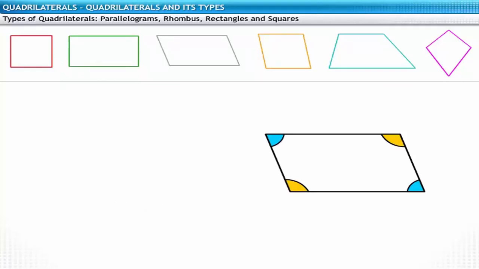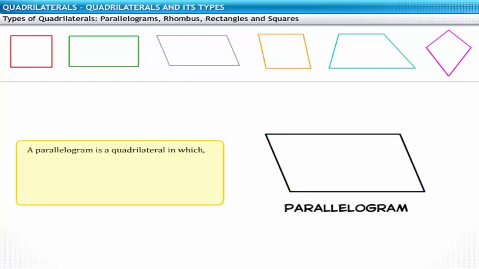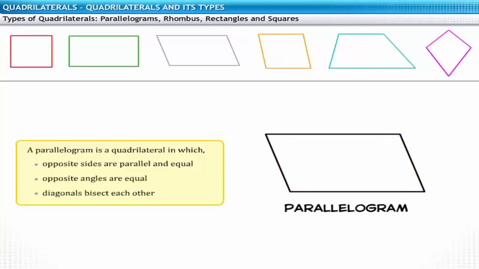Such a quadrilateral is called a parallelogram. Let's define it. A parallelogram is a quadrilateral in which opposite sides are parallel and equal in length. Opposite angles are equal. Diagonals bisect each other.